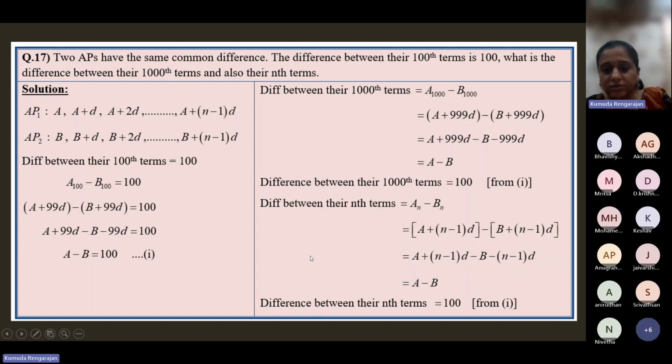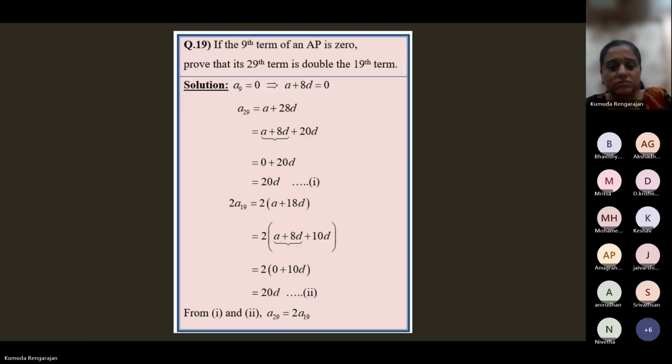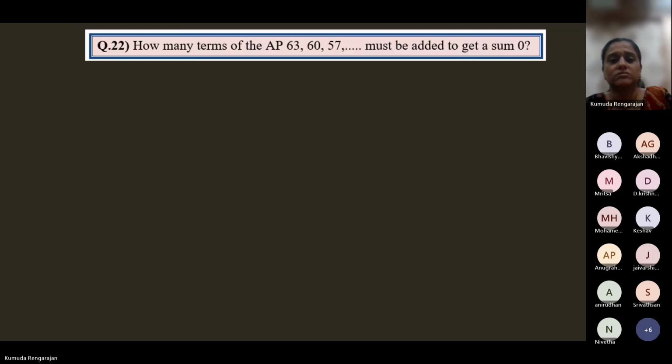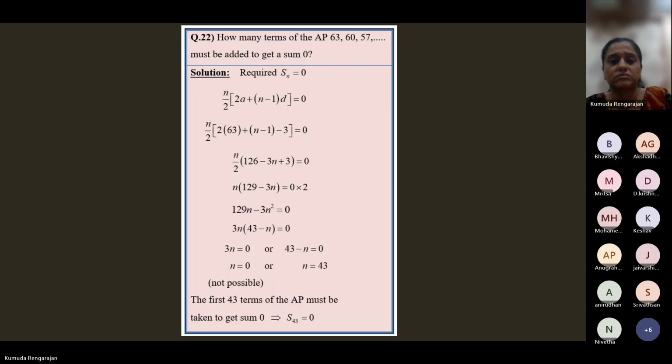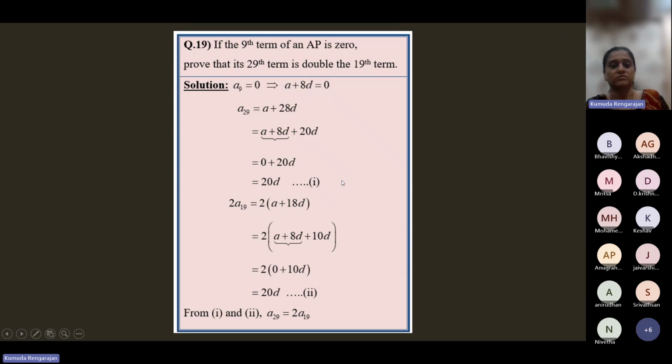Let's do the numerical sums and get back to this. Yeah, we'll do this one, children. We'll come back to these questions.